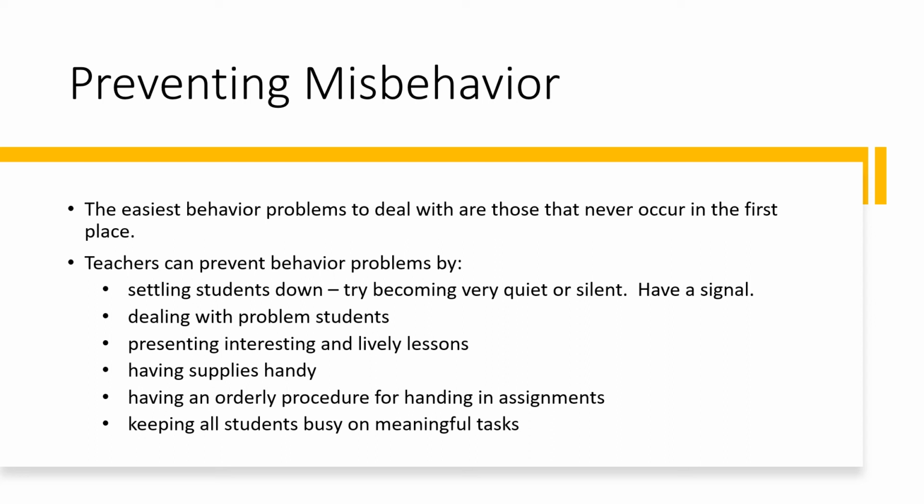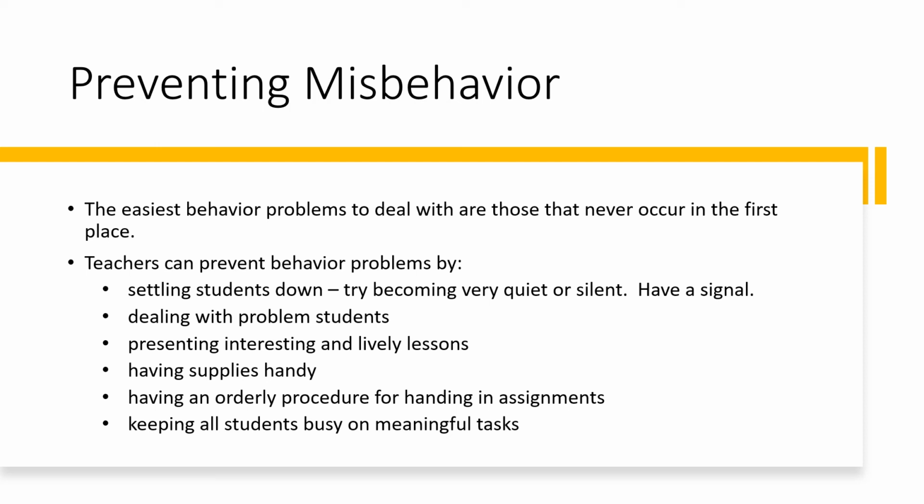The easiest behavior problems to deal with are those that never occur in the first place. So let's think about how you can prevent misbehavior. First of all, when students come into the classroom, have an activity that gets them busy and settles them down right away. We might call this a bell ringer or a do now.